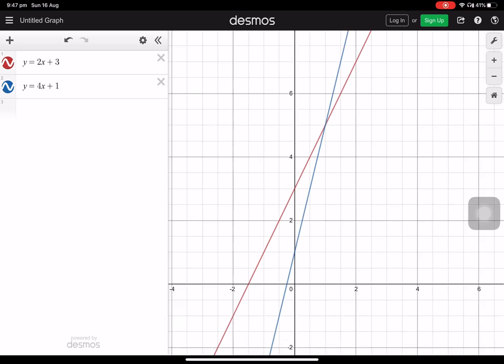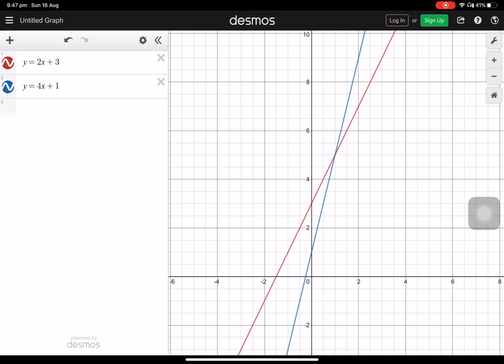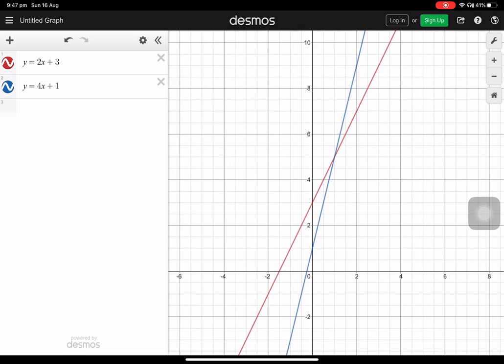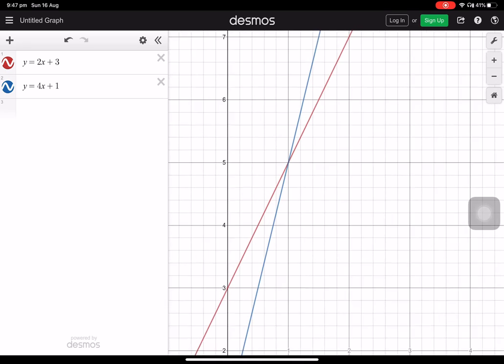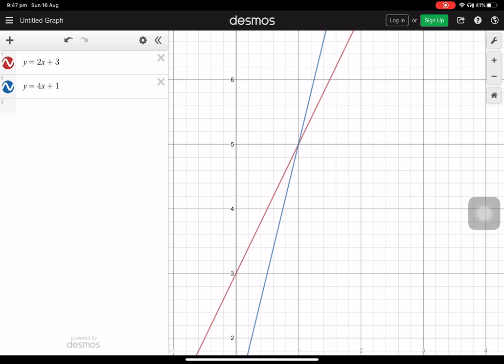I've just done a quick one in Desmos. If we had two linear lines, the equations are y equals 2x plus 3, which is our red line, and y equals 4x plus 1. We graph those up, and we can see this point right in the middle, which I'm going to zoom in on, which intersects.